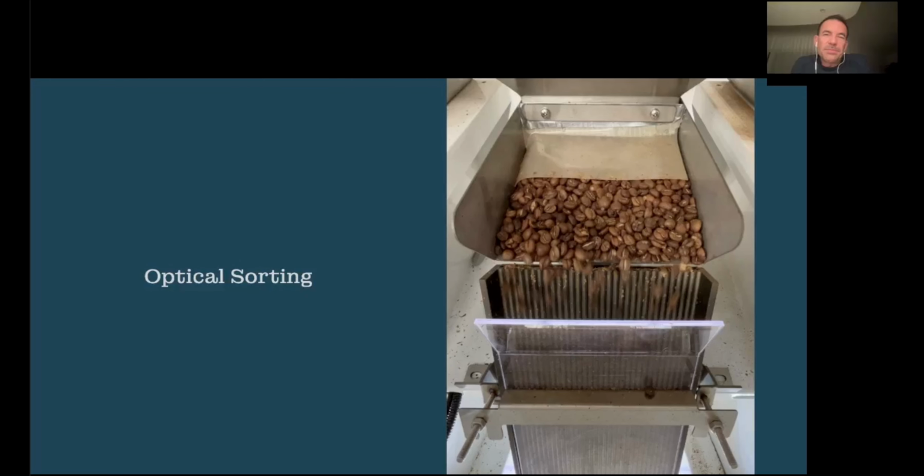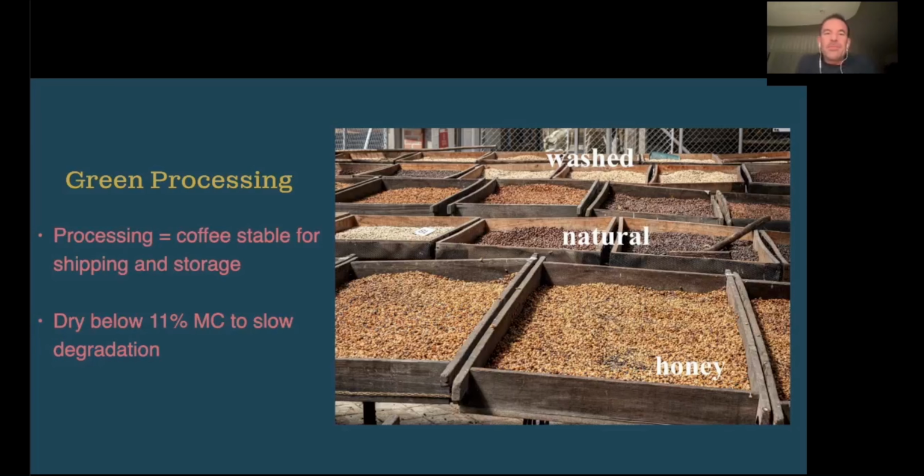Alrighty. We'll talk a little bit about processing. The main reason that we process and dry coffee, so the processing affects the flavor of the coffee, of course, but we need to dry the coffee at the end of processing in order to make the coffee shelf stable for shipping and storage.